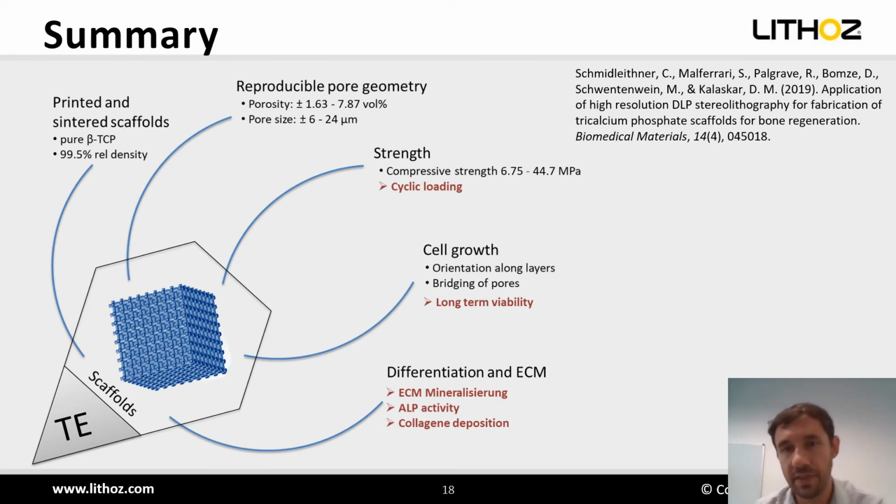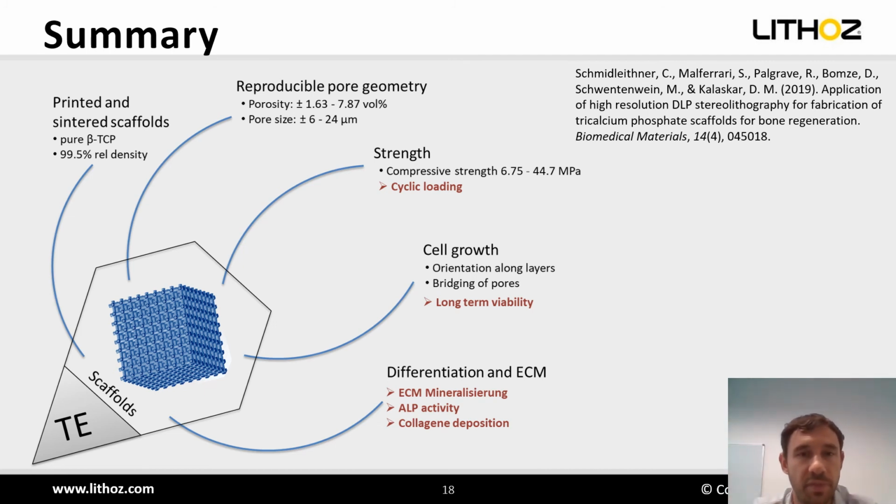So to sum up things, it was possible to, on the one hand, use tricalcium phosphate, so a ceramic that is very similar to bone tissue, and use it for lithographic 3D printing. We could get to very high relative density inside the struts, and it was also possible to get to a very nice reproducibility.